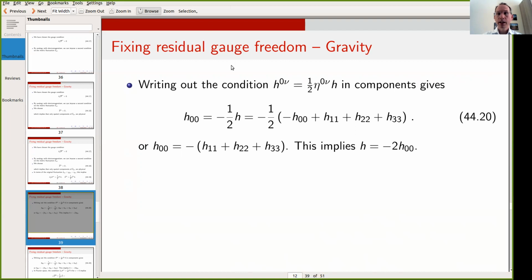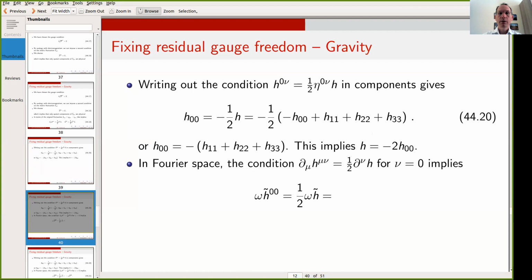So I've written one of the gauge conditions in components. Now we can look at the second gauge condition, which was that the divergence of the metric field fulfills this condition. For the zero component of this in Fourier space, we find that the divergence becomes omega H00 is 1/2 times omega H. Note that we have used the fact that these gauge conditions up here can be used to rewrite some of the spatial components.